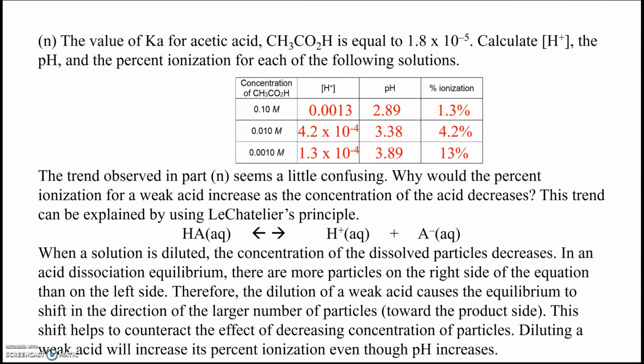To respond to that stress, the system has to move to relieve the stress, which would be to raise the concentration of the things that are dissolved, which means to shift to the right. So when it shifts to the right, our percent ionization increases.